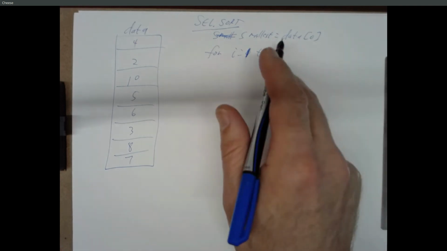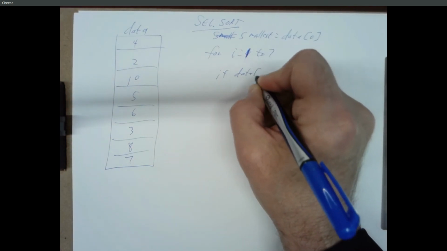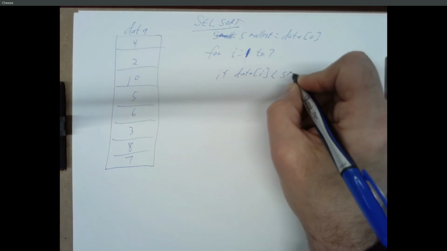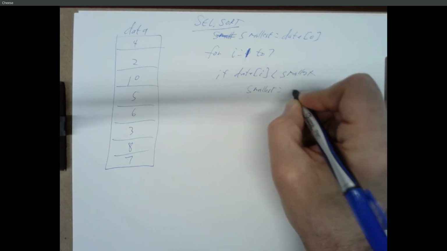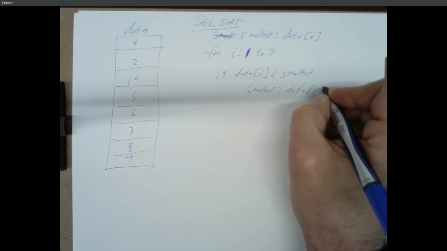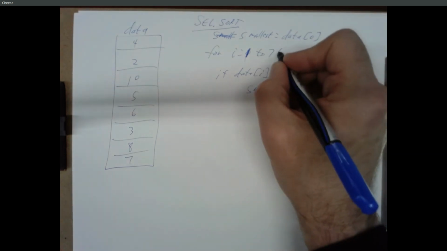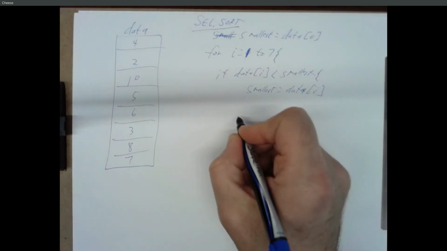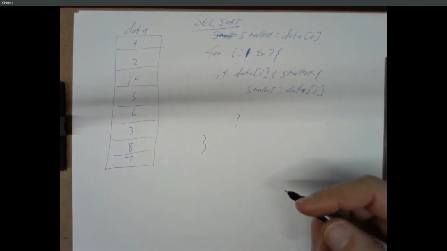So set your smallest variable to the first element, and then loop through the remaining elements, and if data[i] is less than smallest, set your smallest equal to that element. And when you're done, smallest is the smallest element in there.